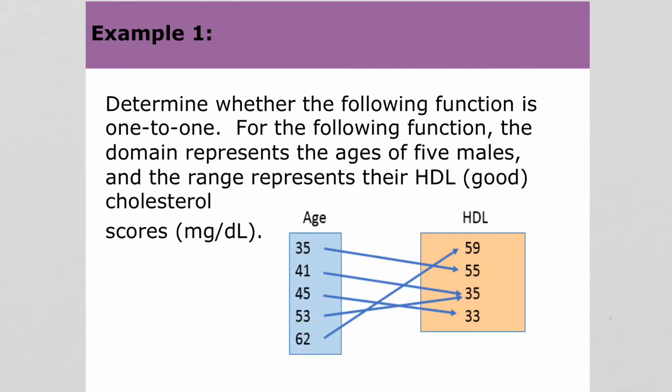Okay, for example 1, determine whether these are one-to-one. If we look at this, there are two x's going to the same y value. So that means it is not one-to-one, which also means that this function would not have an inverse.